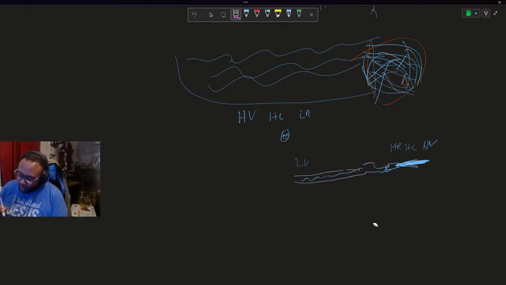Not necessarily that it's a transformer, but when you're increasing the resistance, remember your equation is V equals IR. Let's say I have 2 volts here, because my current flow is 1 and my resistance is 2. But if I bump my resistance up to 50 and my current remains 1, I now have 50 volts.